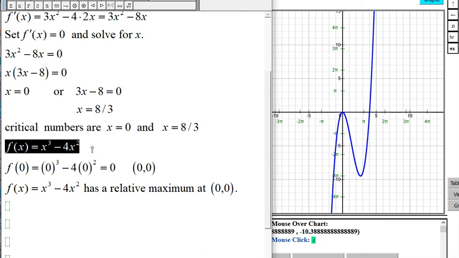And then now we'll do the same thing for the other critical number, which is 8/3.